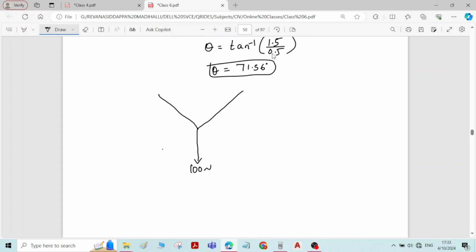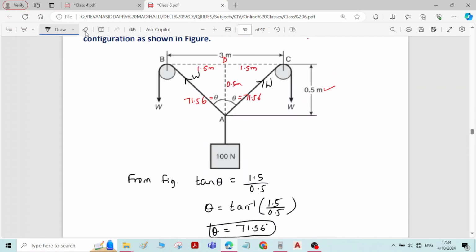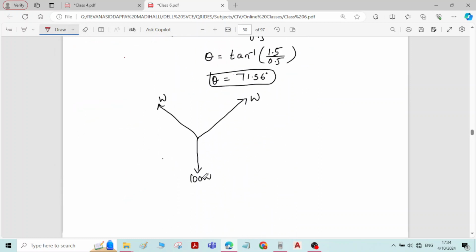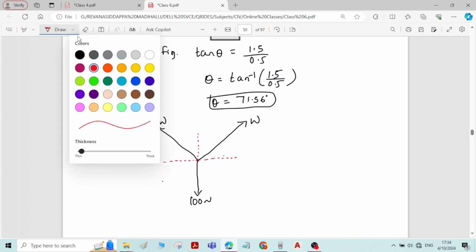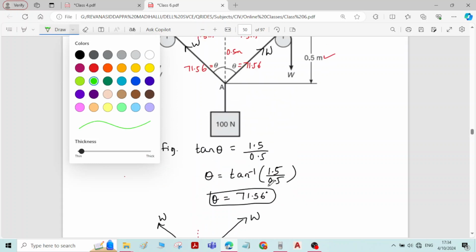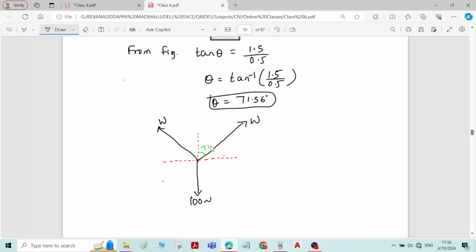So let me take force W here, force W here, and the angles are known, 71.56 degrees, 71.56 degrees, with respect to the vertical.